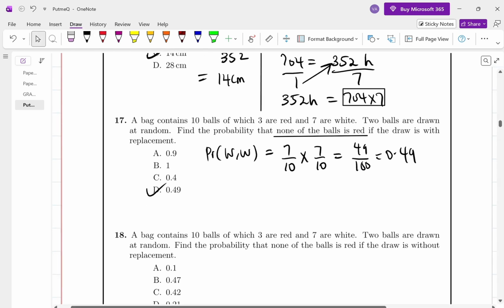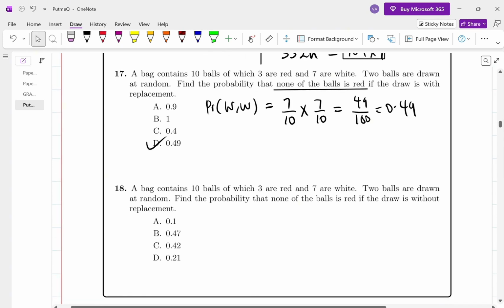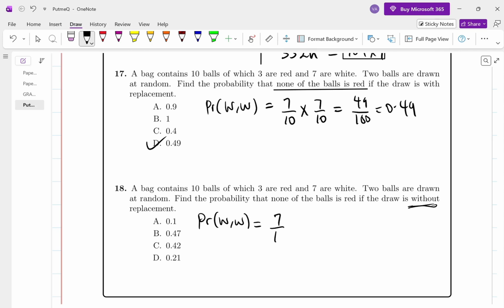Now, the same question is here, but this time around it says without replacement. Okay, so probability of white. So the first time we have 7. So this will be 7 over 10 times. Now, this time around, they are not replacing.